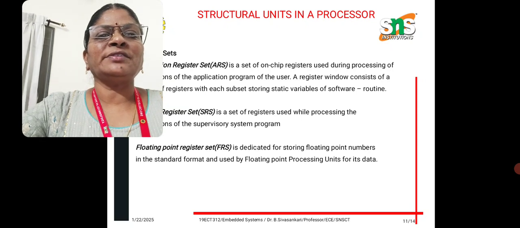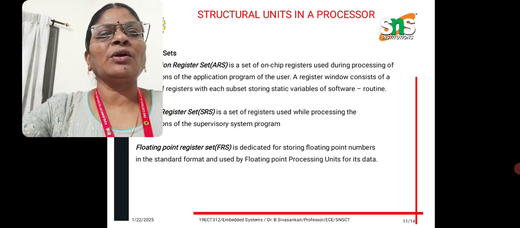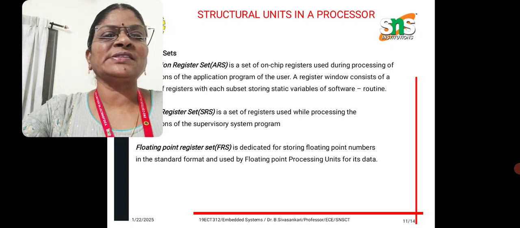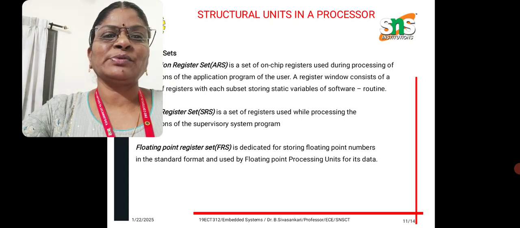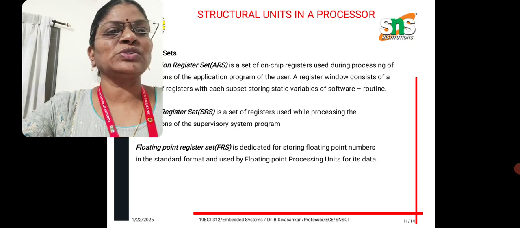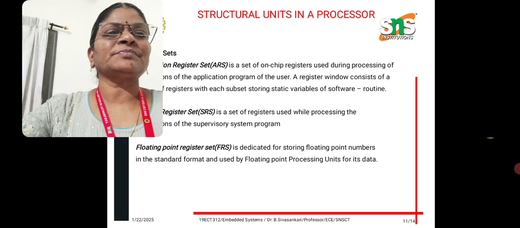And floating point register set and register set, and also ARS, that is arithmetic register set. It is an on-chip register used during processing. The register set is a set of registers used while processing. And the floating point register is dedicated to storing floating point numbers in the standard format.